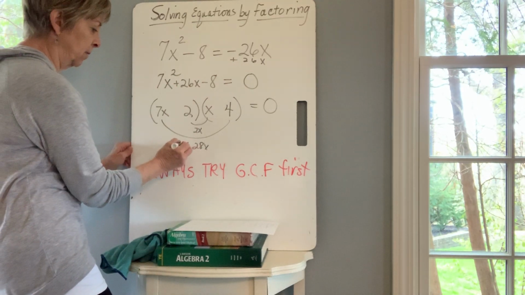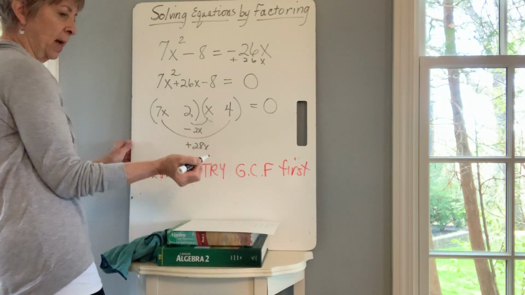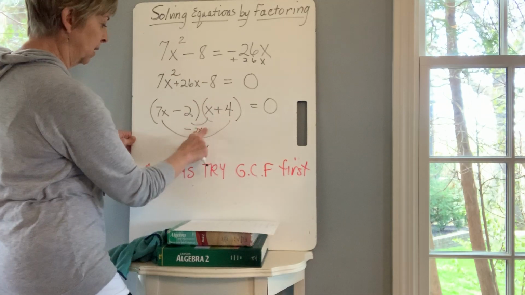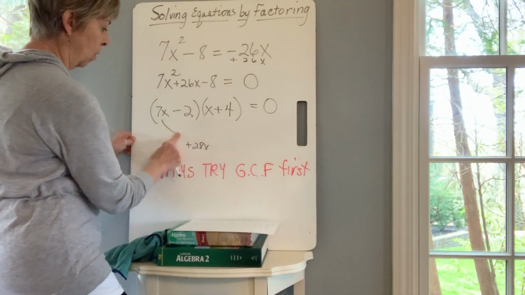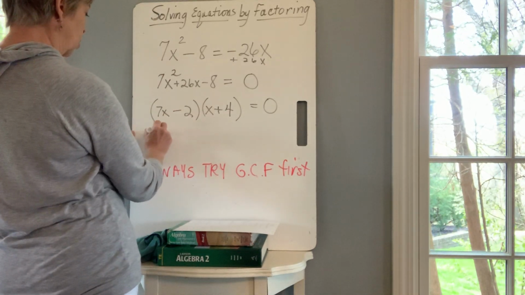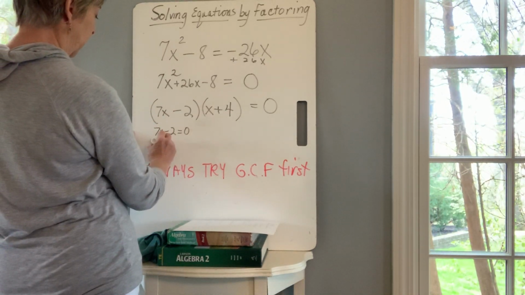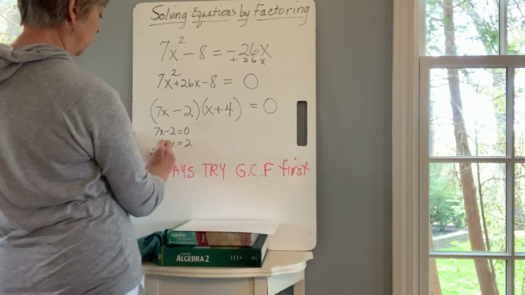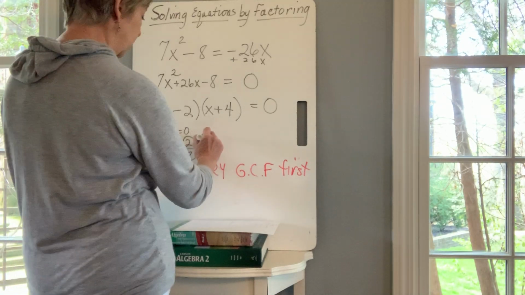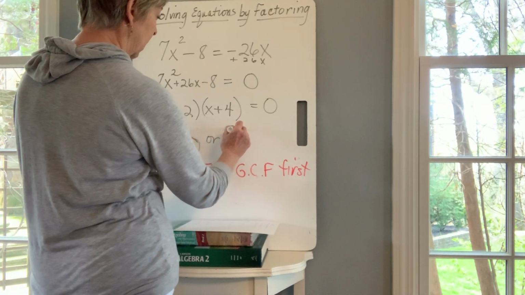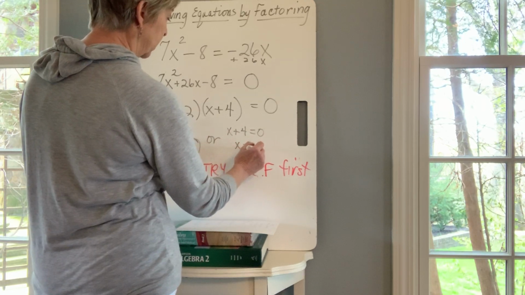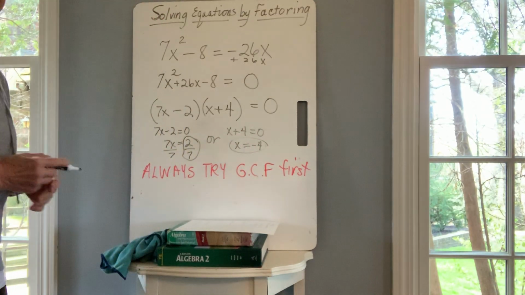Since I want positive 26, that would have to be positive, that would have to be negative. So negative and positive, and there I go. So now I have it factored. I just have to set each one equal to 0. 7x equals positive 2. Divide by 7. I get 2/7. Or x plus 4 equals 0. Add negative 4. X is negative 4.